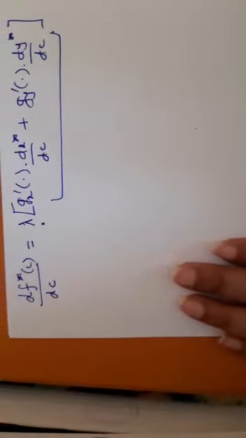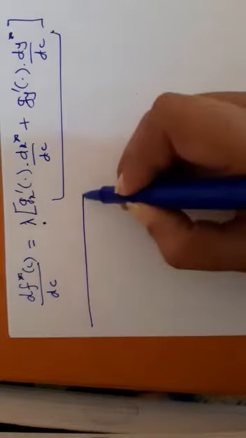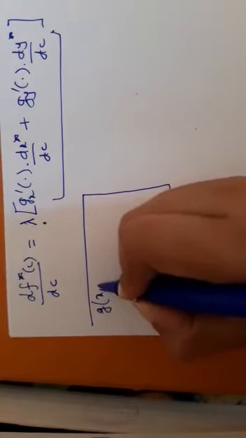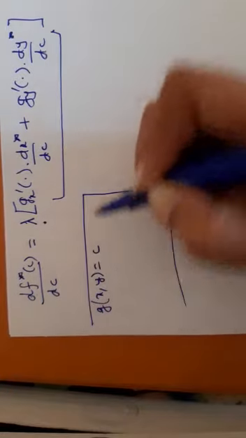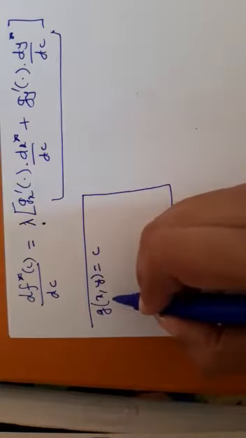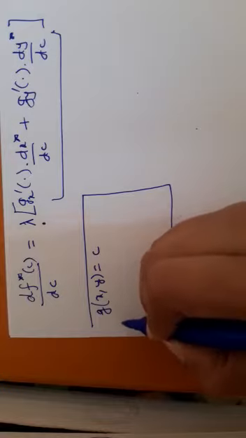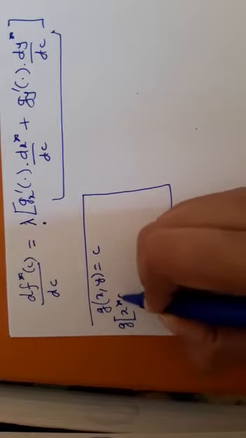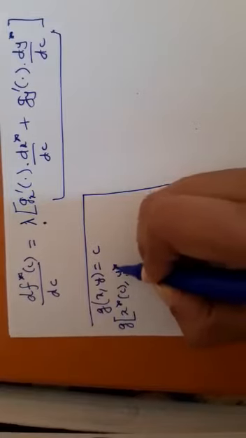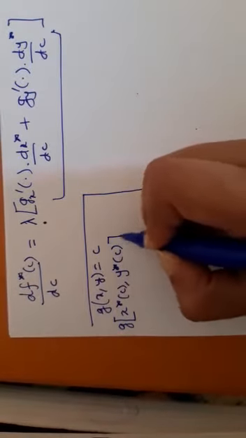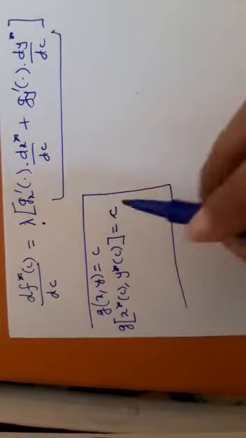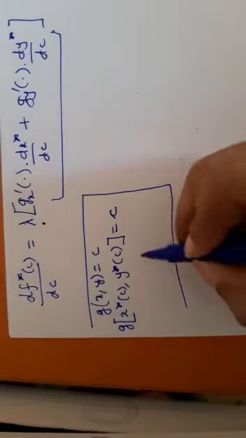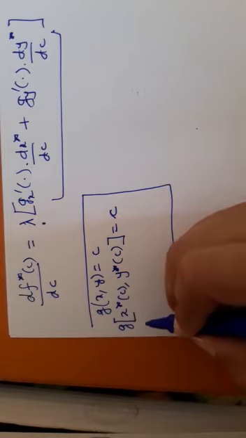Okay, now note here that our constraint was g of x comma y equal to c. So if I evaluate this constraint at the optimum, what am I going to get? G of x star of c comma y star of c is equal to c. And now if I differentiate both sides of this equation with respect to c, let's see what I get.